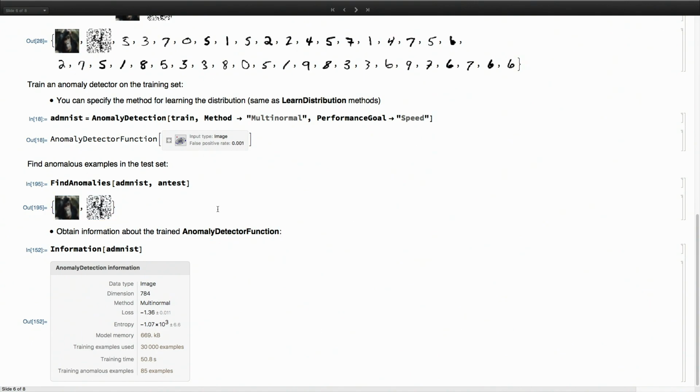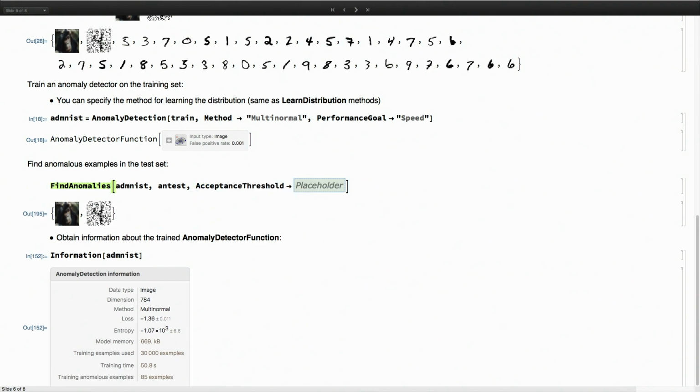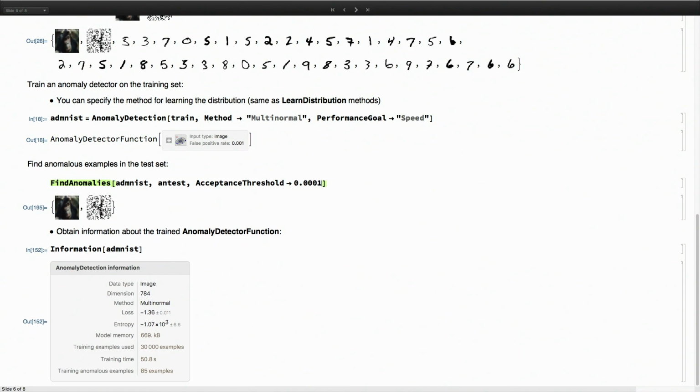Many times, especially for images, because the space is large and probability densities are a little bit hard to define in high-dimensional spaces, you might need to manually work with the acceptance threshold to make it smaller than what we have right now. We resize all the images and conform them to the same size. So if you have different size images, it won't find them as anomalies.